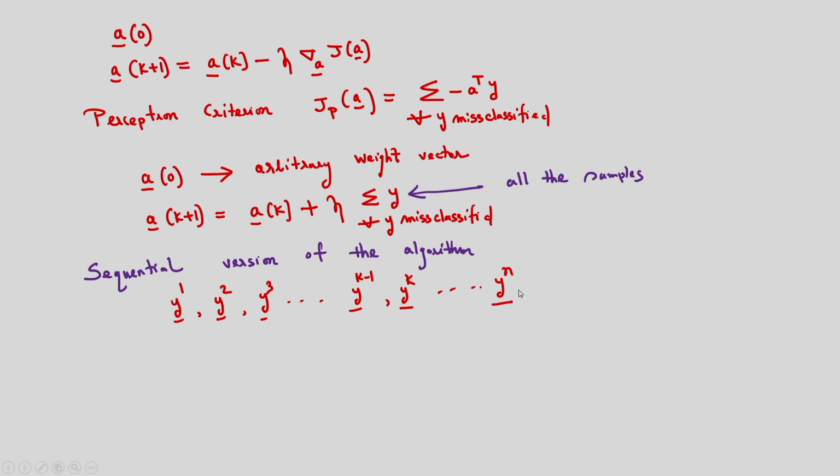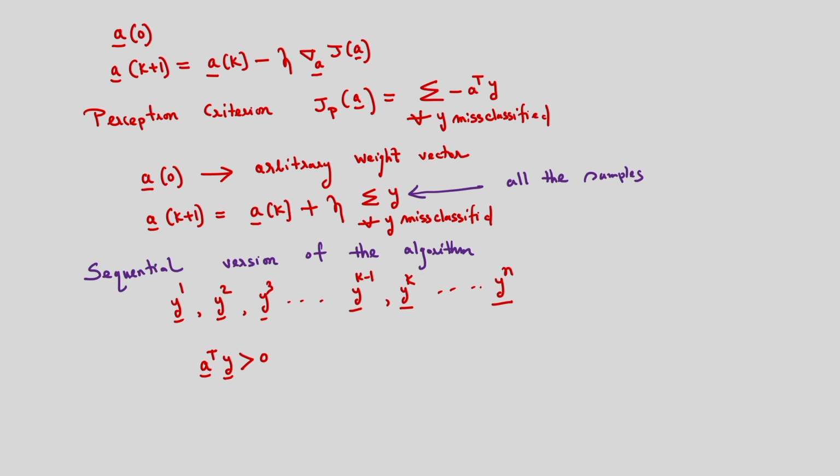We have to see whether my condition is satisfied or not corresponding to these samples. What is the condition? The condition is A transpose Y should be greater than 0. Suppose this condition is satisfied by the first sample y1, then we need not consider y1 and we have to go to the next sample, and we have to see corresponding to y2 whether this particular condition is satisfied or not.